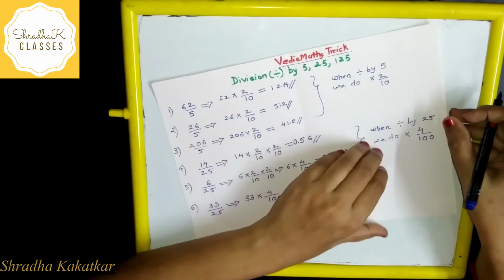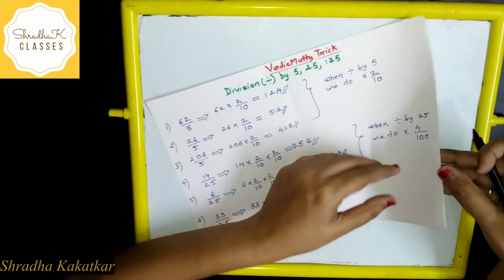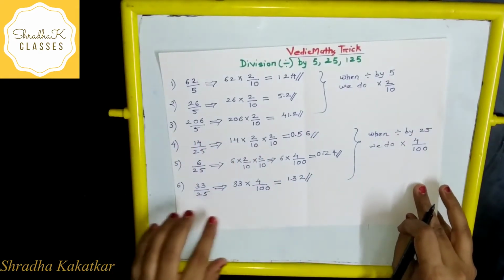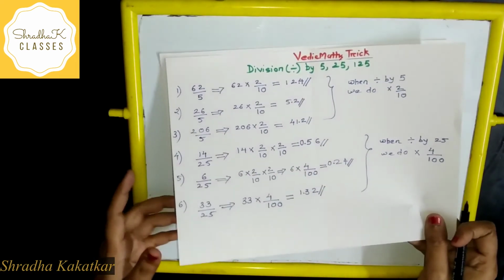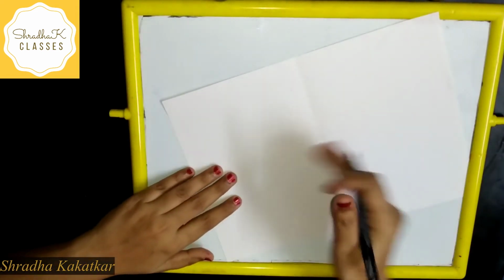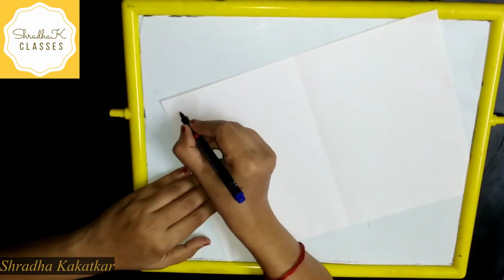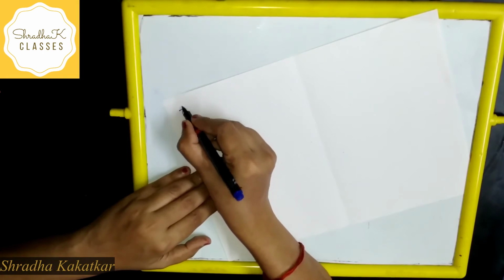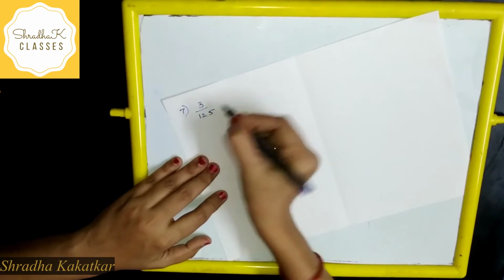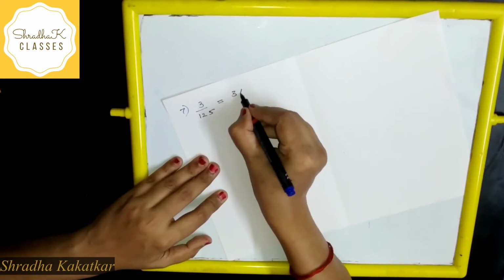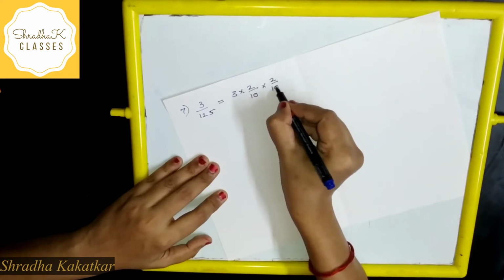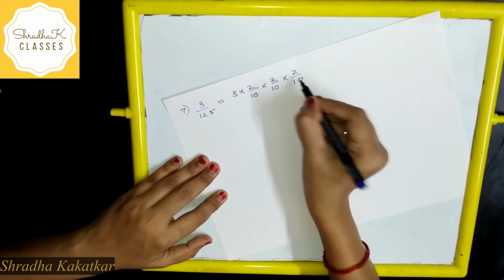Now let's do division by 125. I hope you understood this. Let's take the number 3 by 125. Now what I will do is 3 into 2 by 10 into 2 by 10 into 2 by 10, thrice.